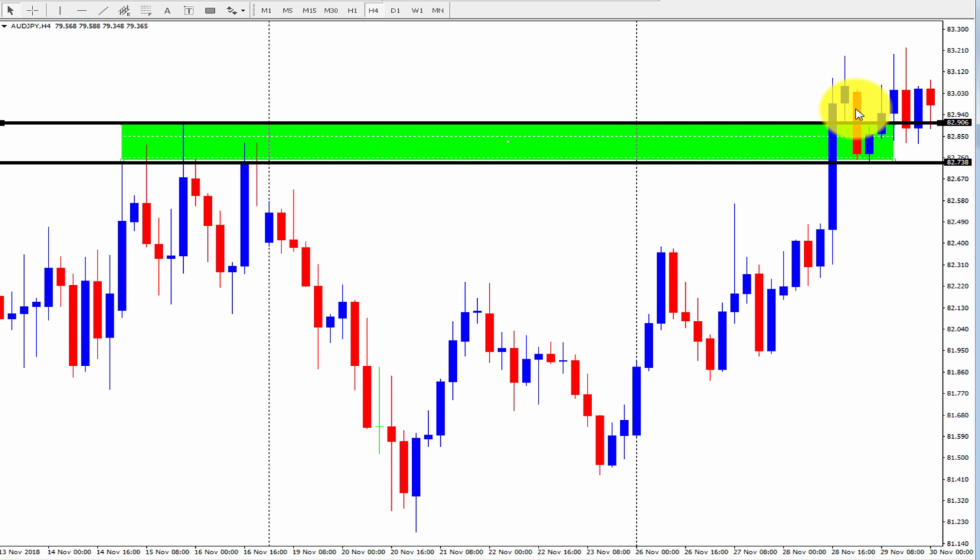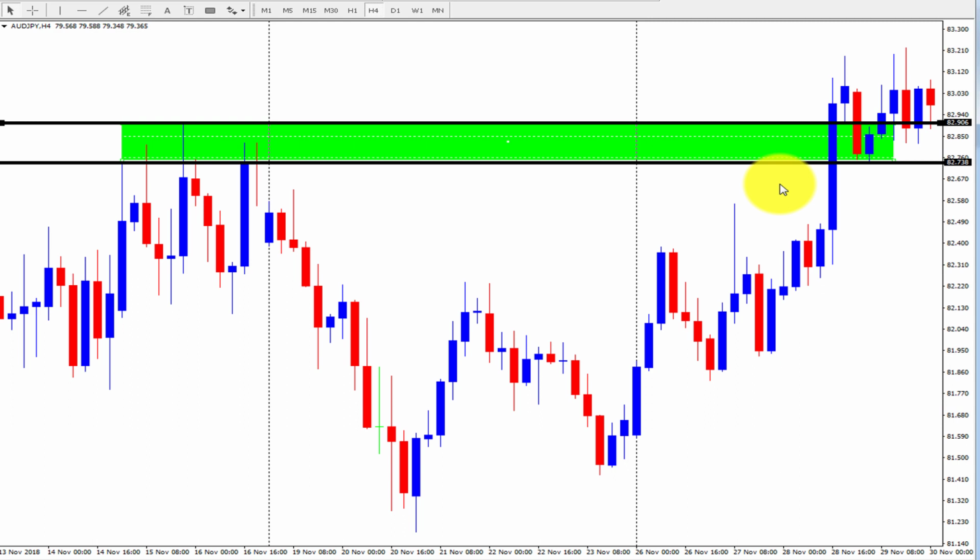So we will not sell here, because if we know this core strategy, this momentum loss strategy, then we know that the market is not going to fall. Why? Because of this strong bullish candle. When we find such strong bullish candles in our support or resistance zone, we will not sell.